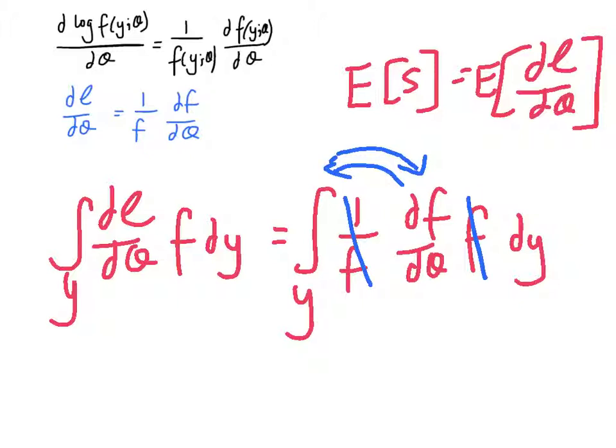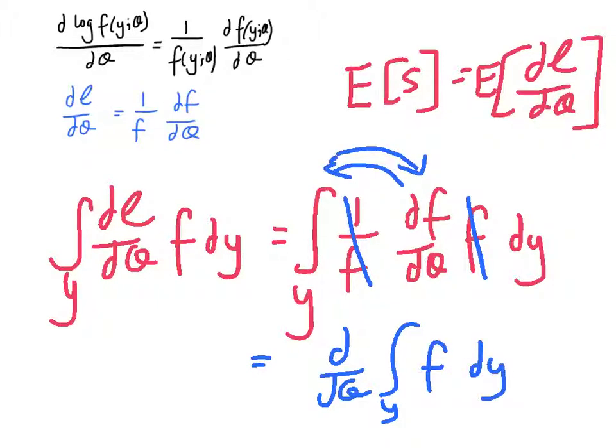So when I do my rearranging, if it is indeed valid, I have d d theta of the integral over y of f dy.